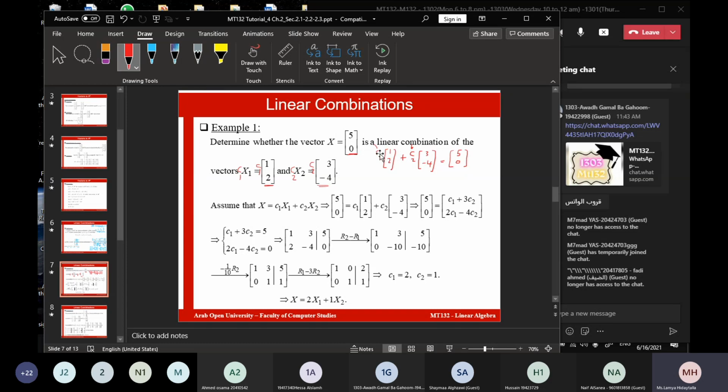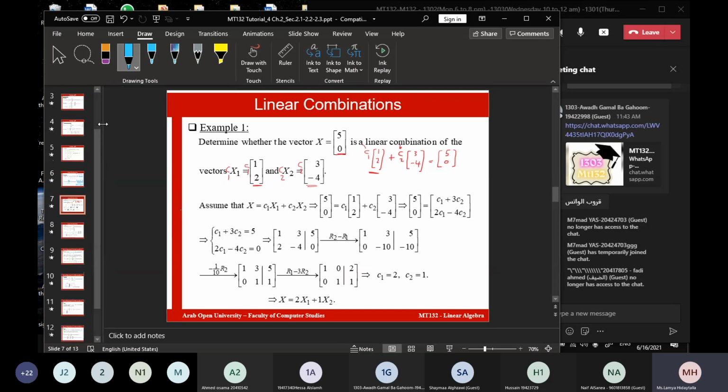So if he asks me whether this is a linear combination, my task is reduced to finding these constants C1 and C2. Okay, from this step, what do we have? Now we multiply by C1, so I get C1 plus, in the other part, 2C1.